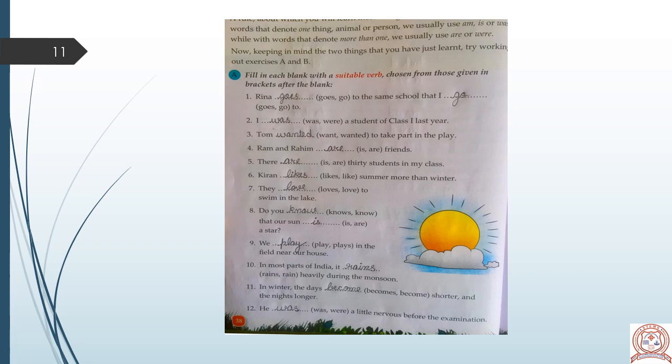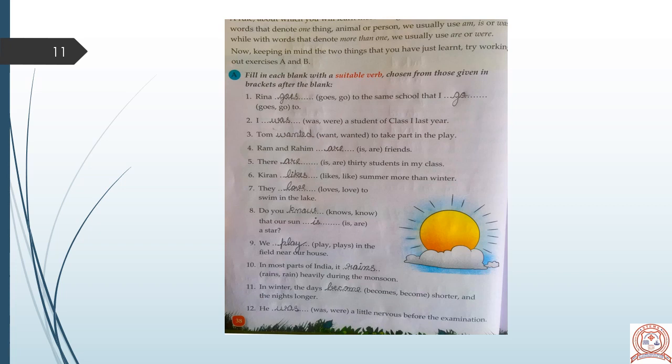Some rules which we have to learn: with words that denote one thing, animal or person, we usually use am, is or was, while with words that denote more than one, we usually use are or were.